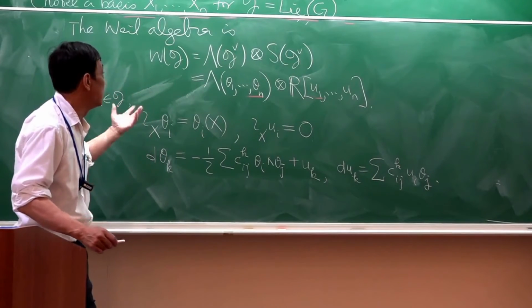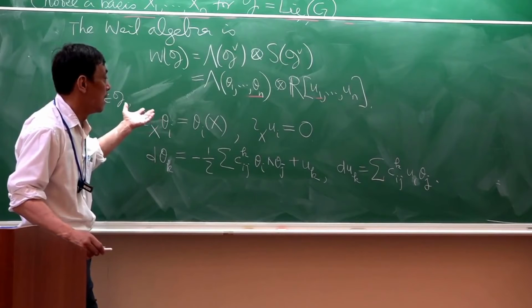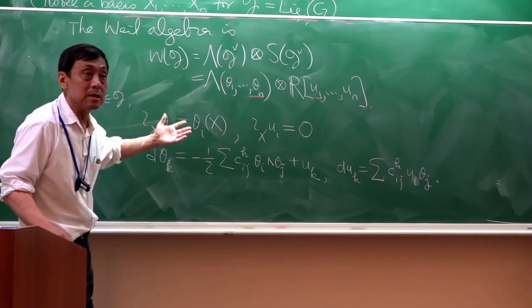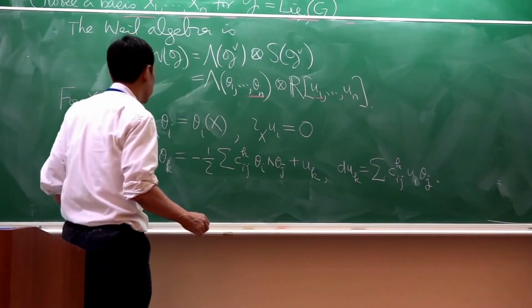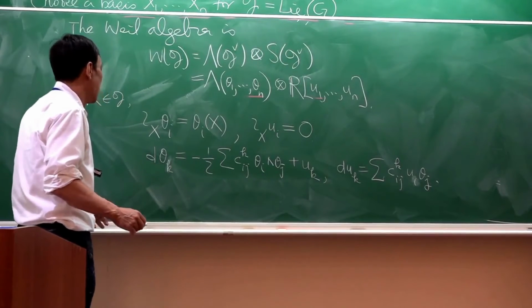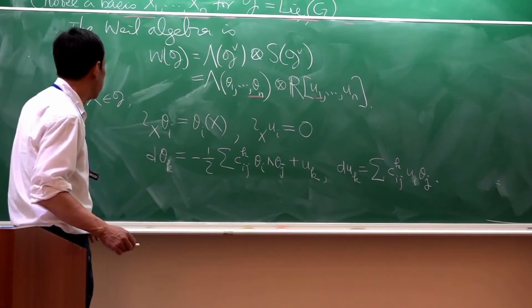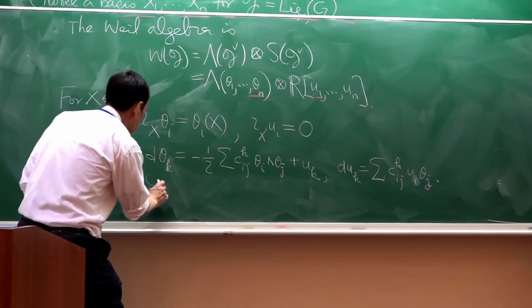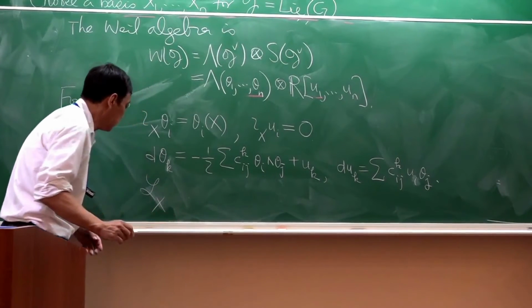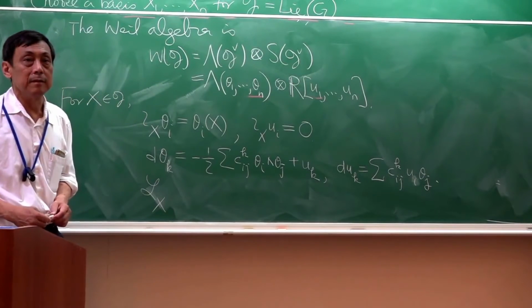And then you extend D to a derivation on the Weil algebra, and to an anti-derivation. And then, how did we define Lx, the Lie derivative?